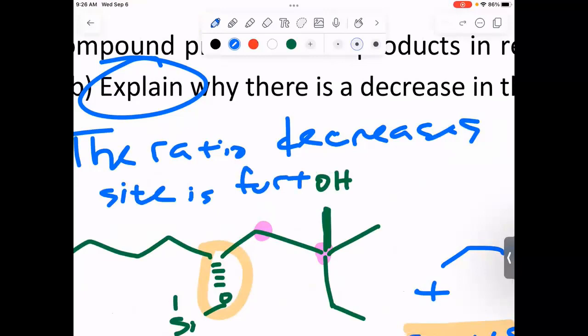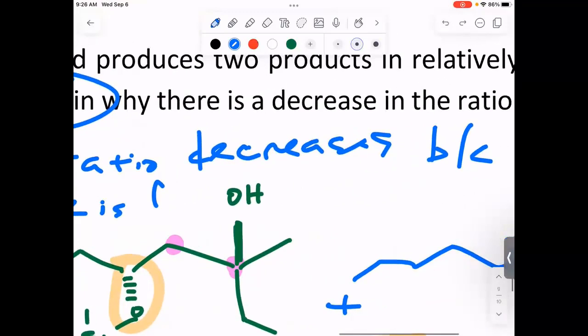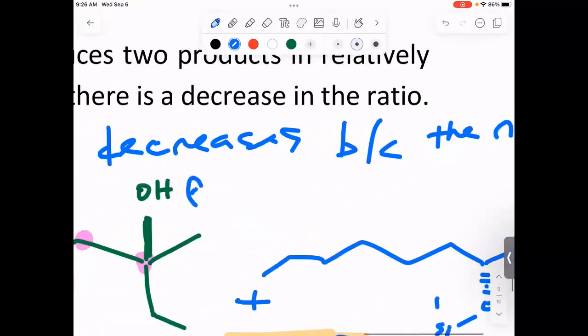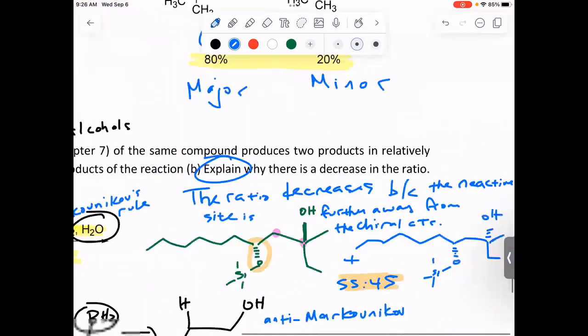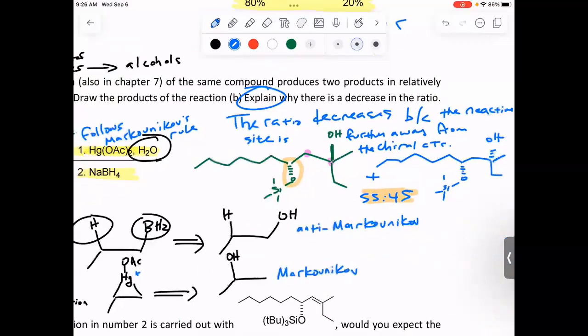Nah, that's not good. The ratio decreases because the reactive site is further away from the chiral center. Right? That's why you see the drop to almost 50-50.